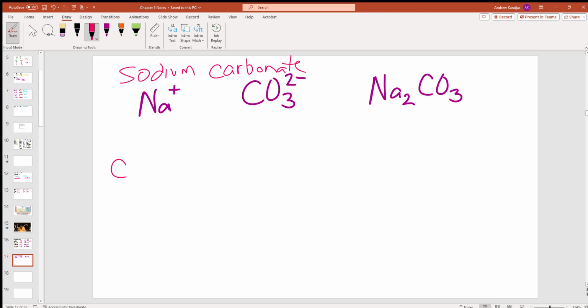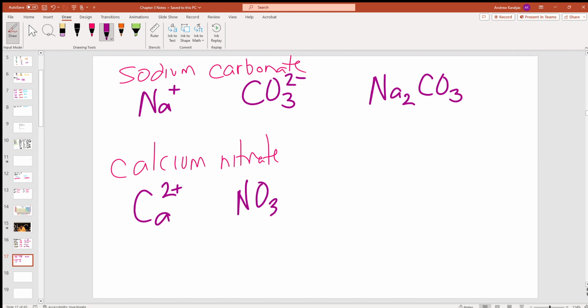Or we could do calcium nitrate. Calcium is +2. Nitrate is -1. So we need 2 nitrates.